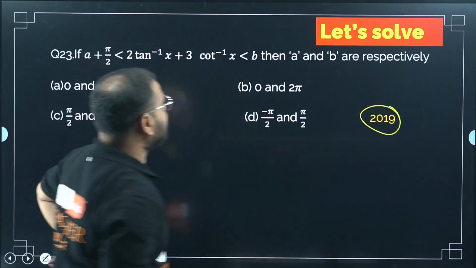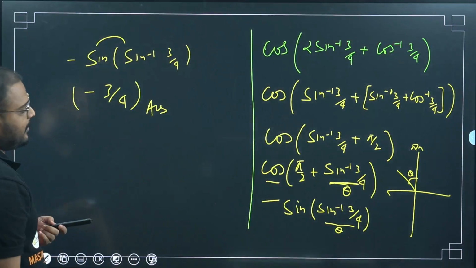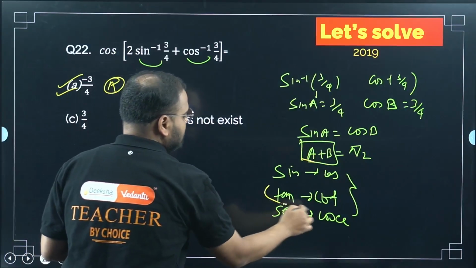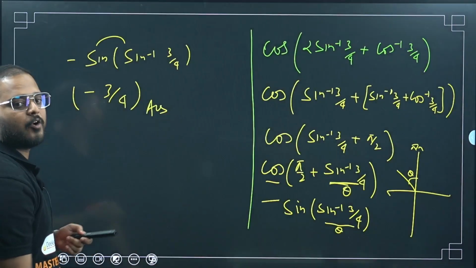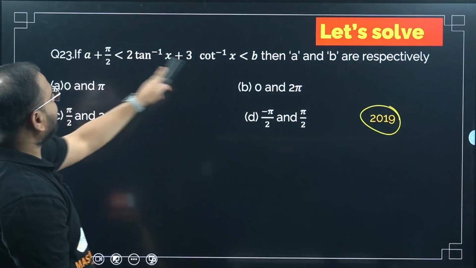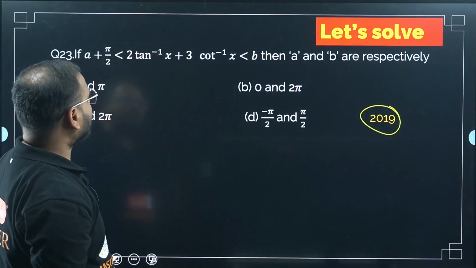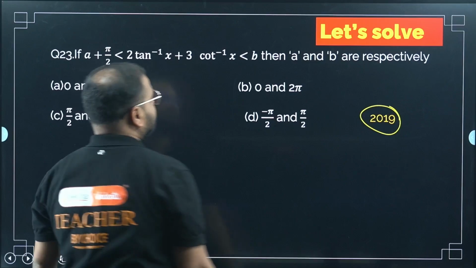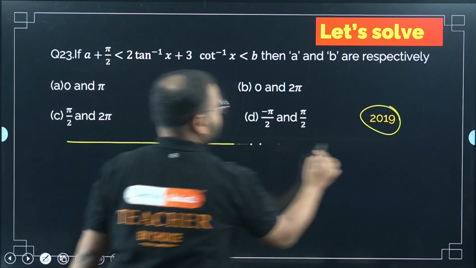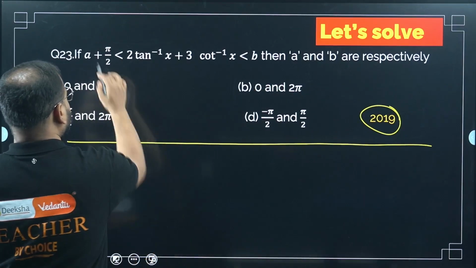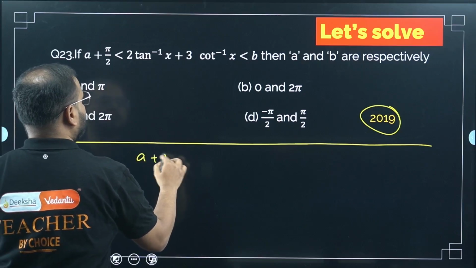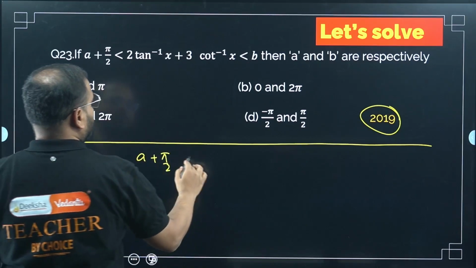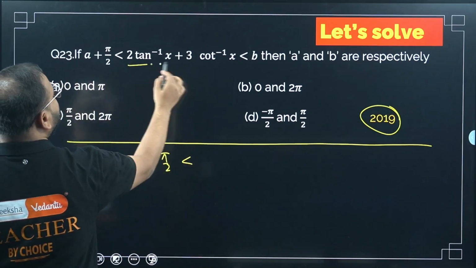Pretty decent question. Same property I will use, the complementary property, but I'll use it for this pair now: the tan and cot pair. Let me make the tan and cot pair. So I will break this question. I have 2 tan inverse and 3 cot inverse.